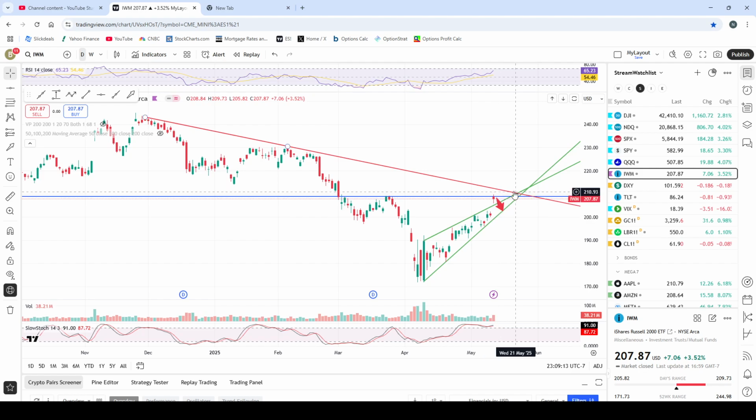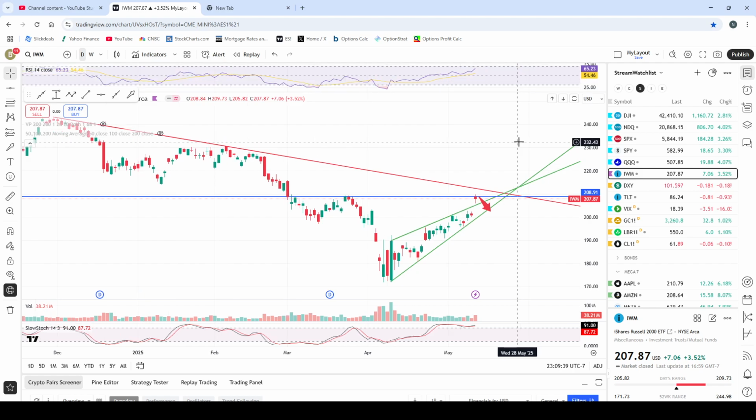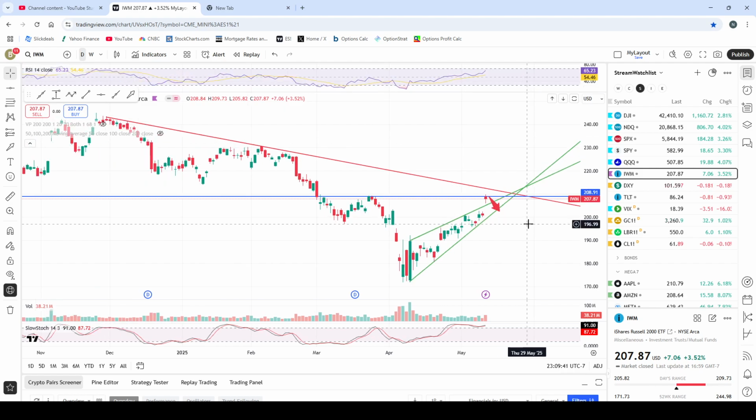When you have multiple resistances in a closer area, the force is stronger. So if you go up to that level, you will have a pullback pretty quickly. And Russell 2000 ETF IWM is kind of weak compared with SPY and QQQ.